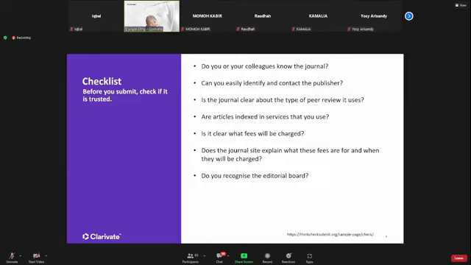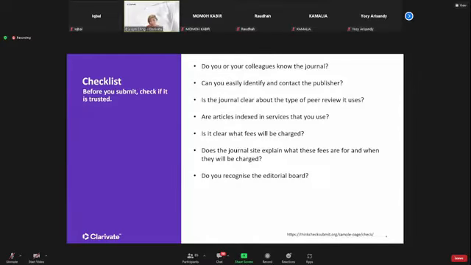Then, do you recognize the editorial board members? This is something that I think many researchers don't really go and look at. A lot of journals now have editorial board members as well as advisory board members. And sometimes in the advisory board members list, you see a lot of very high profile names.